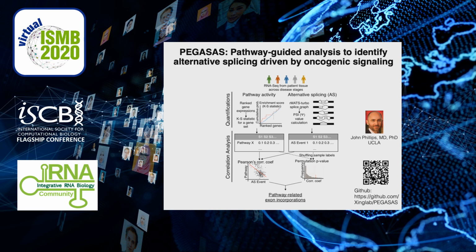For splicing, we leverage rMATS to quantify the PSI value for each event. Together this allows us to perform a correlation analysis with a permutation procedure to get rid of the false positives. And at the end, we're able to identify pathway-related splicing events in a given tumor RNA-seq dataset.